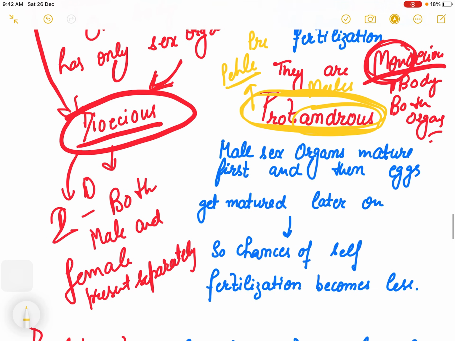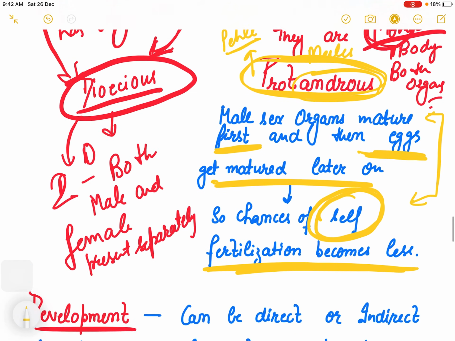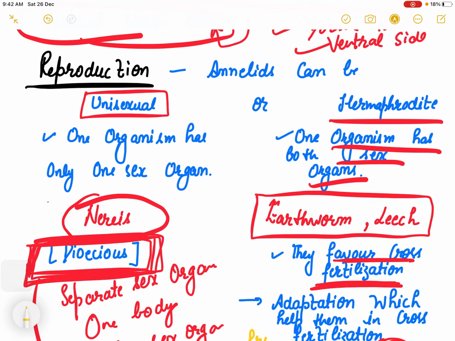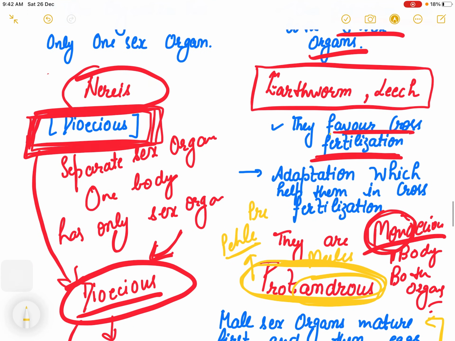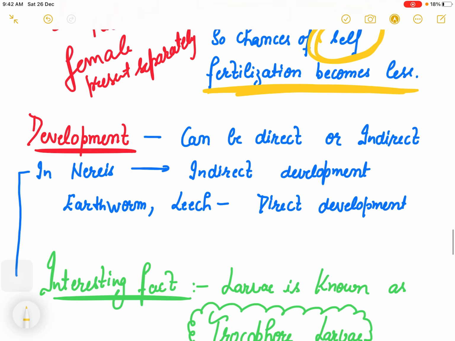So male sex organs mature first and eggs mature later, because they are maturing at different time periods, the chances of self fertilization become very less. Although earthworm and leech are both bisexual, they still favor cross fertilization because of the protandrous condition.